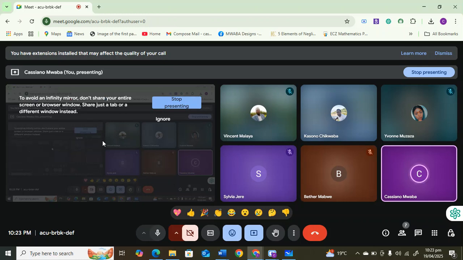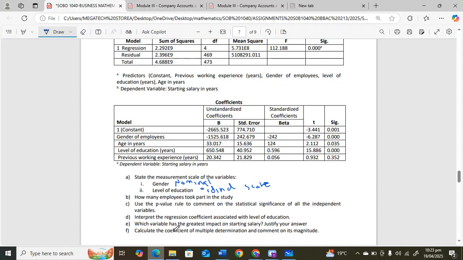So, in this century now, gender is part of the nominal scale. Any questions?